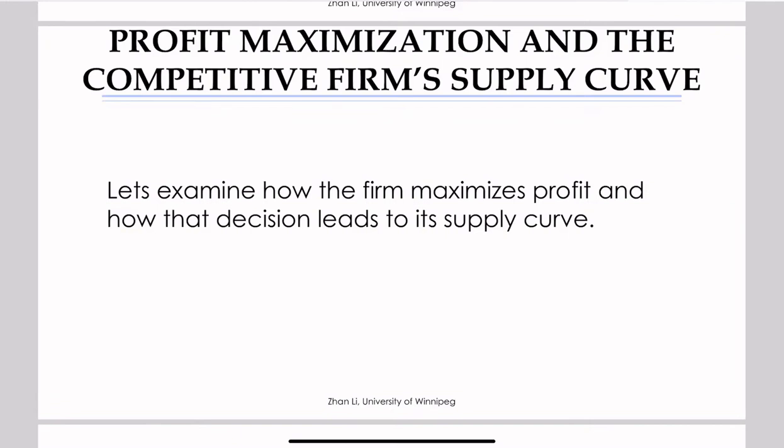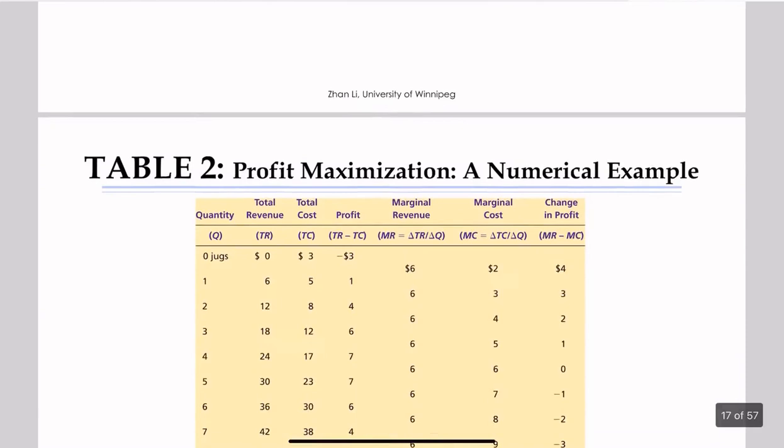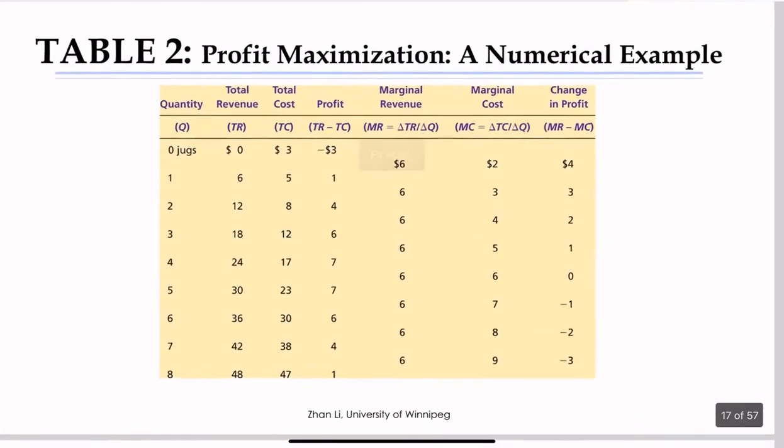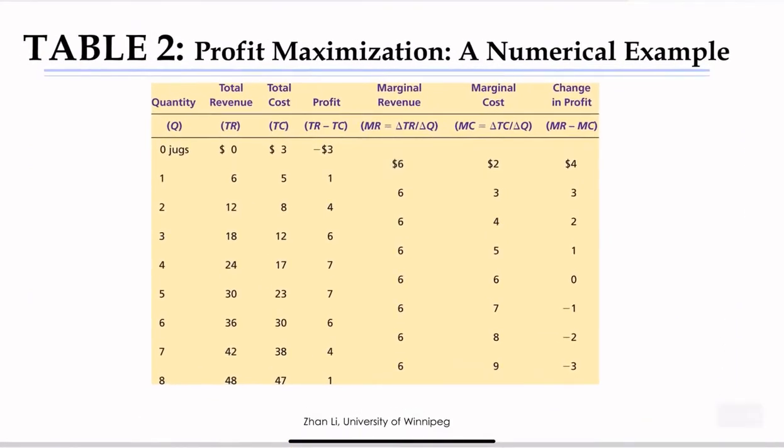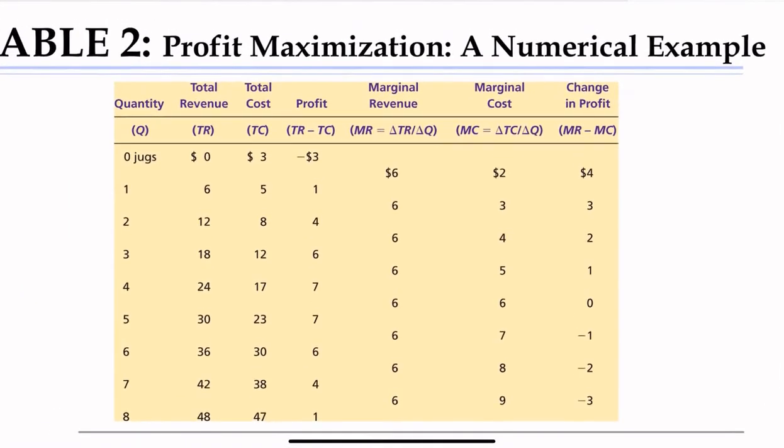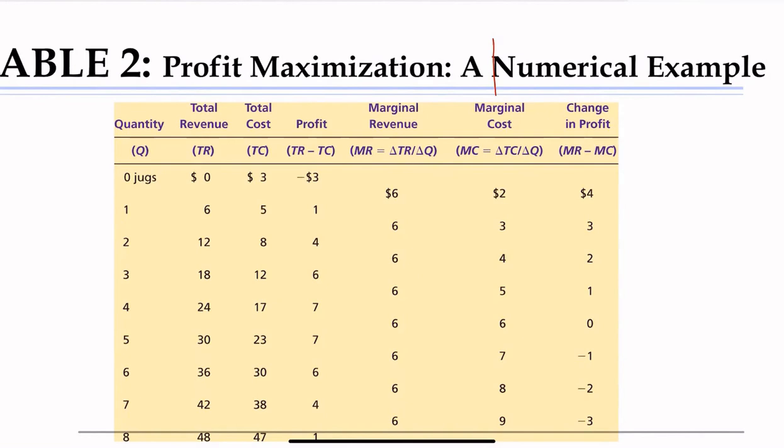So now let's examine how we could get this result. Okay, now let's use again this milk producer example. So now we have some additional quantities. We have marginal cost and the change in profit.